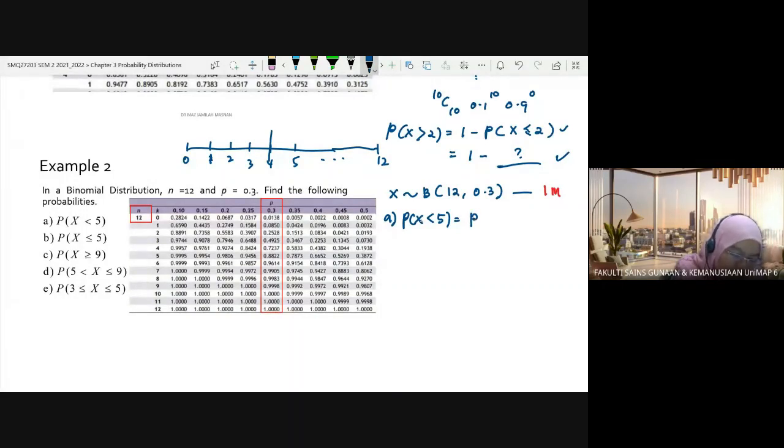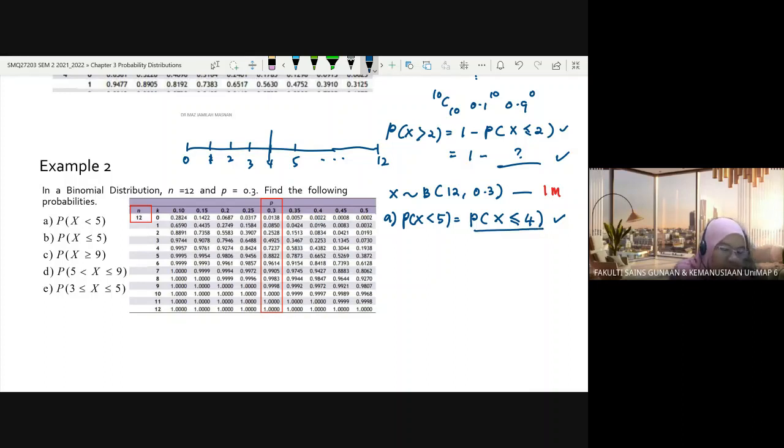So this is reflecting P(X less than or equal to 4). That will be your first step in order to answer the first question. At this stage, do you have any questions? Do you have any question here, class? Why do I need to transform to this?